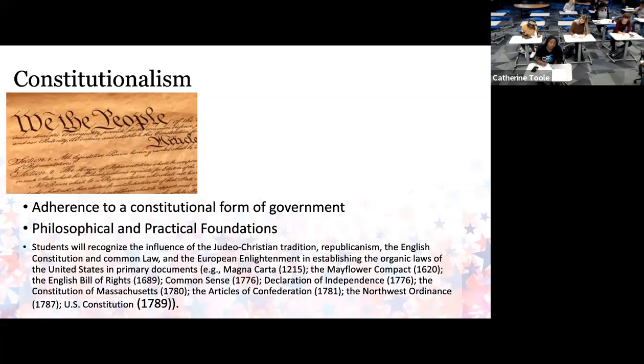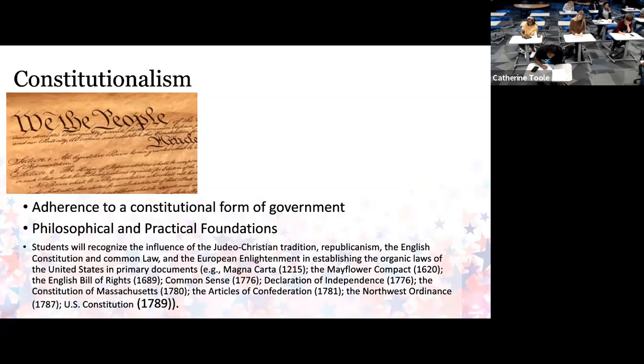I took this straight from the study note that we're going to look at in a bit. Students will recognize the influence of the Judeo-Christian tradition, republicanism, English Constitution and common law, and the European Enlightenment in establishing organic laws, and the primary documents, going all the way back to the Magna Carta in 1215.